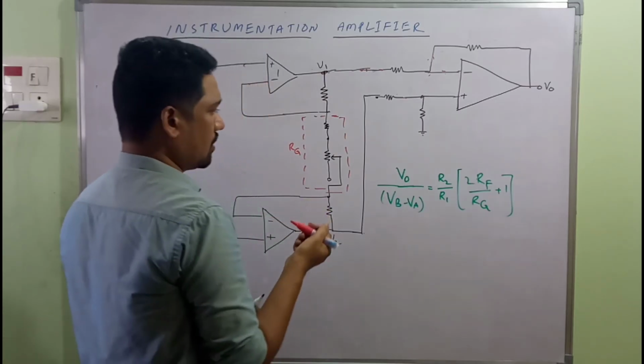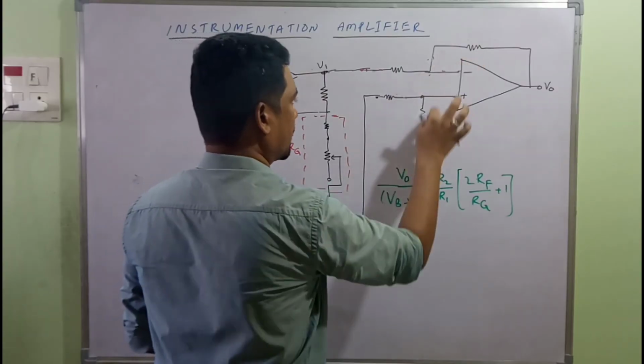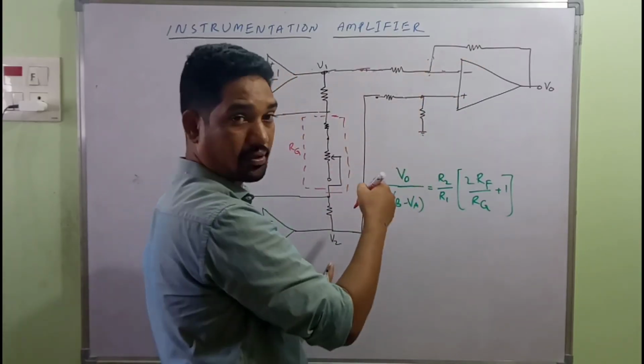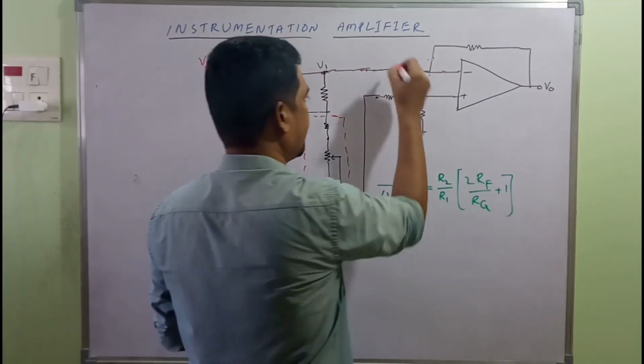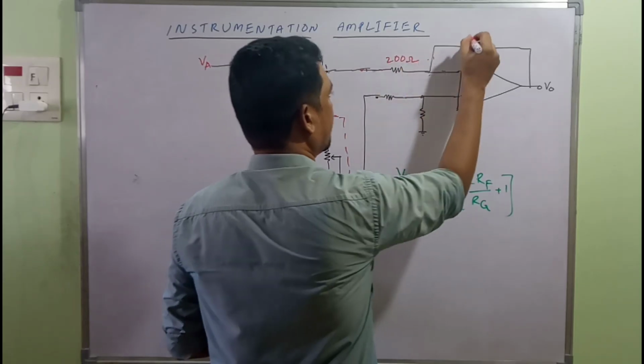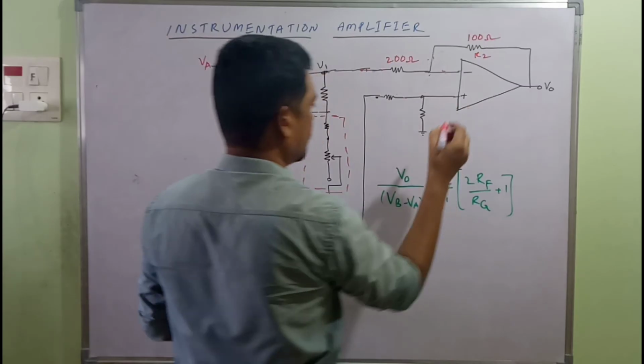Supposing this is R1 and R1, and R2, R2. What if we have the values of resistors deciding the gain? What if we have 200 ohm and 100 ohm over here? It's our R2, don't forget that.